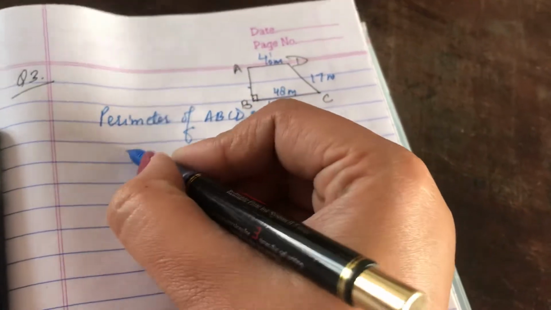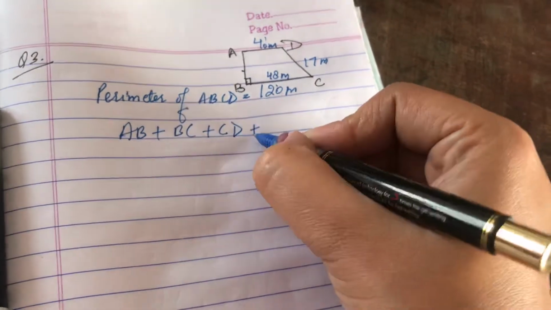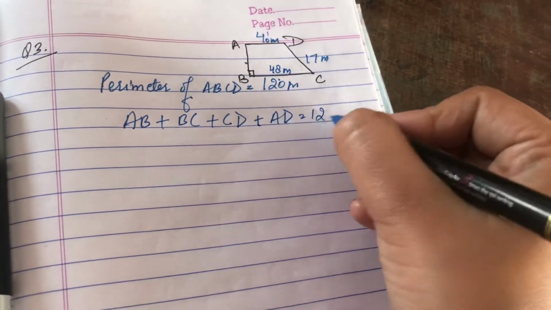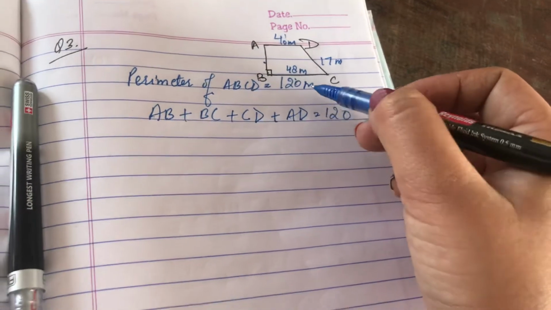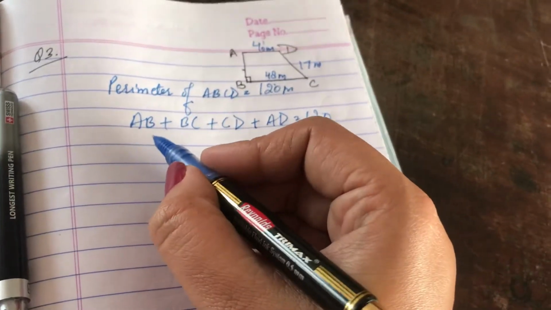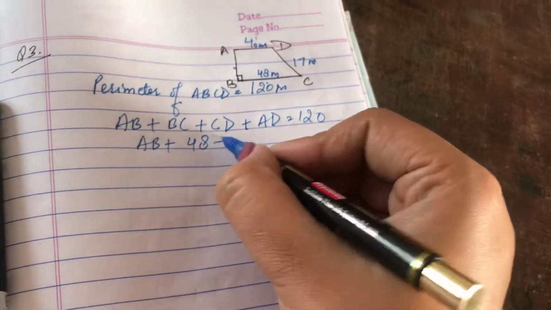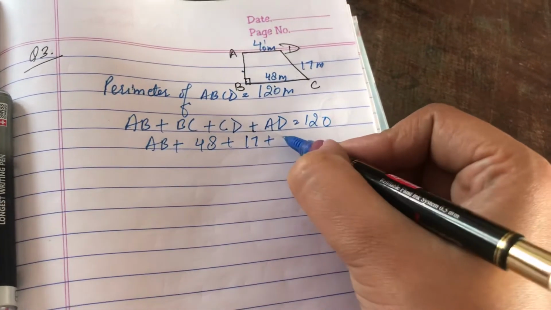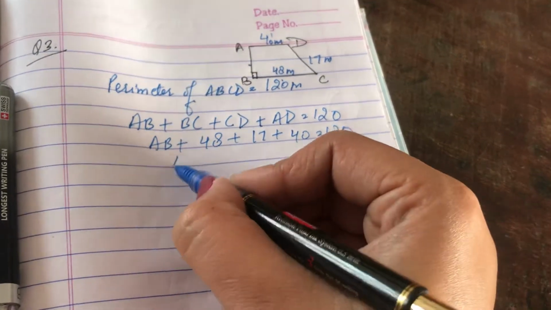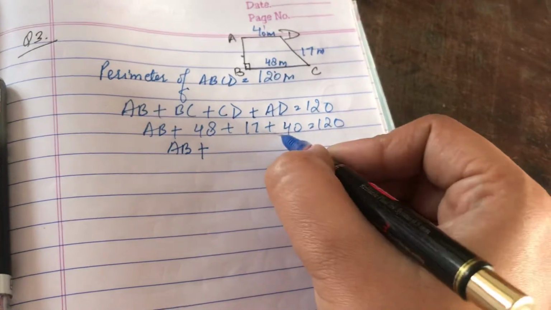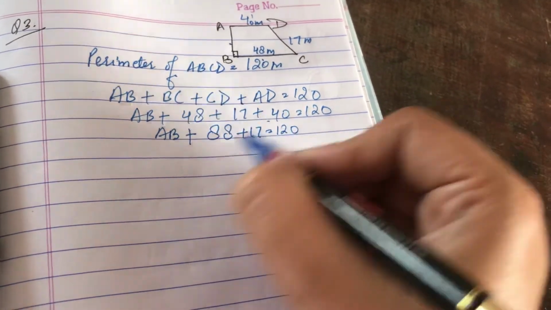We know that perimeter is the sum of all the sides. AB plus BC plus CD plus AD is equal to 120 meter. If you add all these sides, it will be equal to the perimeter. So how much is AB? Which is not given. AB plus 48 plus 17 plus 40 is equal to 120 meter. Now 40 and 48 is 88, plus 17 is 105.